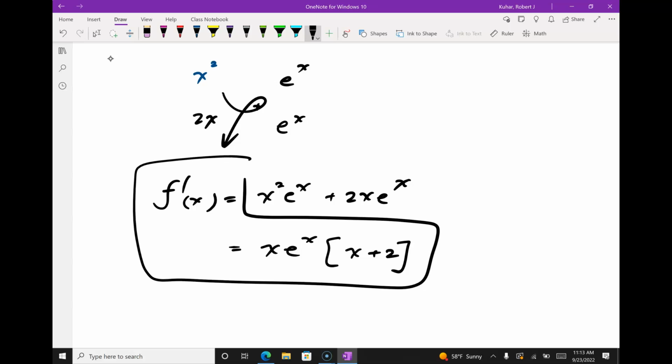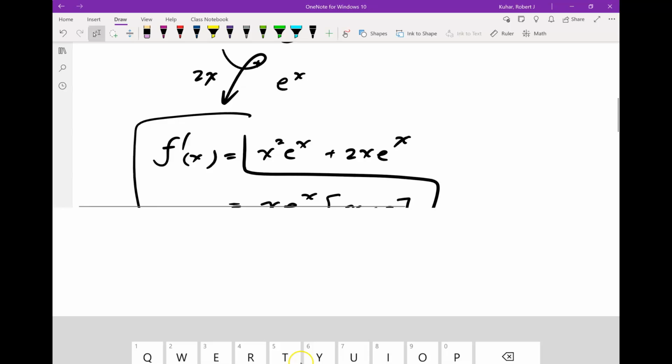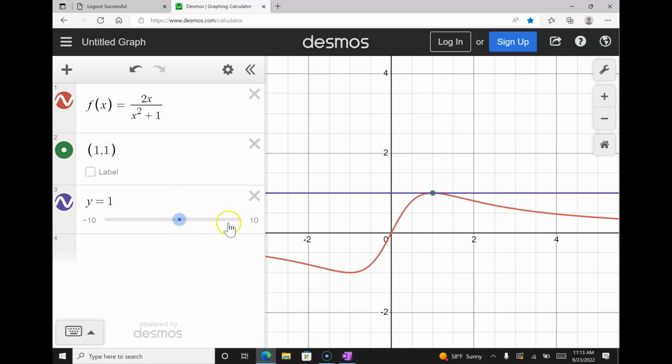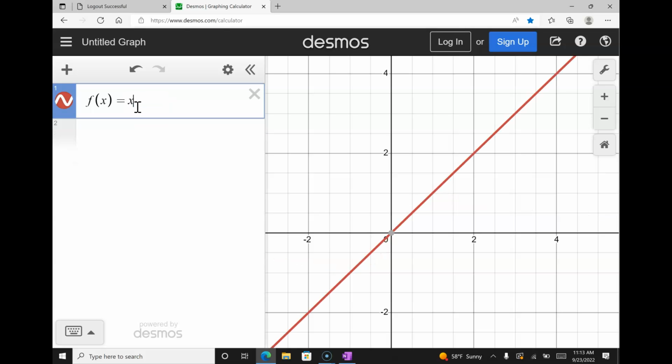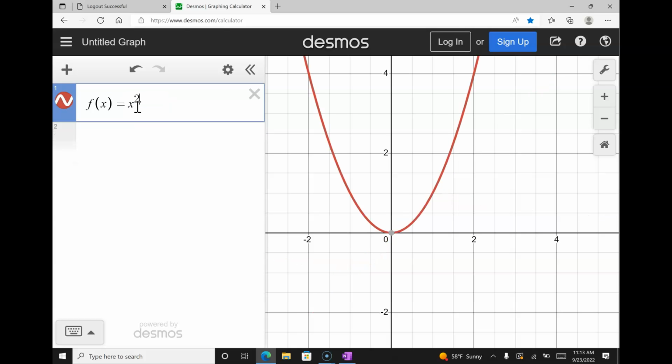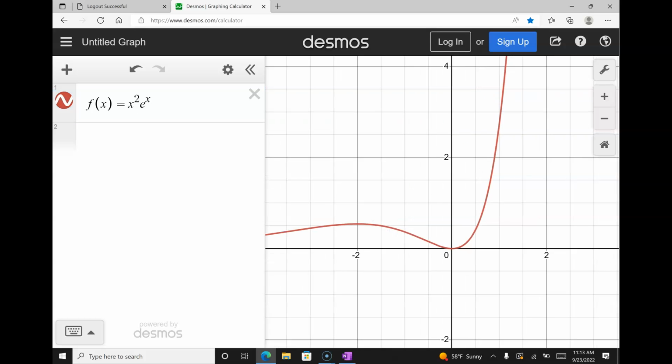Why is that important? Let's look at the graph of this thing. It was x squared e to the x, right? Look at what happens at -2. You see I hit the top of a hill? So what are my skis there? What slope are my skis there?